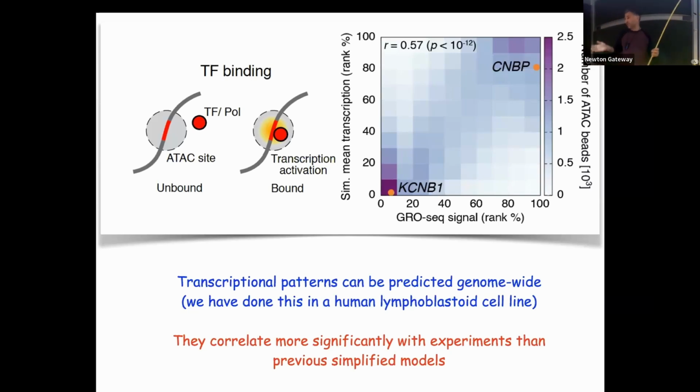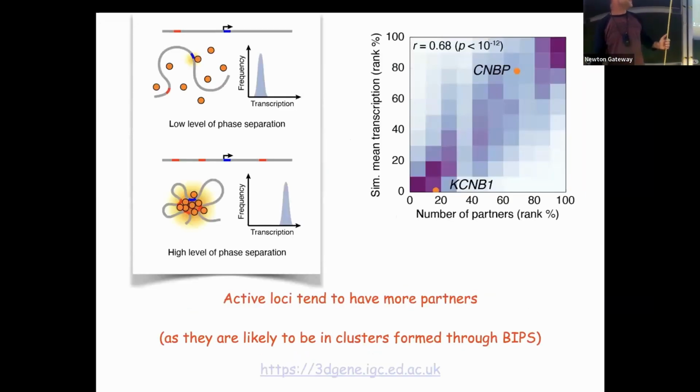And again, there is no fitting. It's just looking at where the transcription units, the ATAC sites, are on the human chromosome. So it's quite impressive, given that you don't have parameters apart from this affinity. You could also think about the looping extrusion velocity, but that actually doesn't really matter. This correlates more significantly than the previous simplified model.